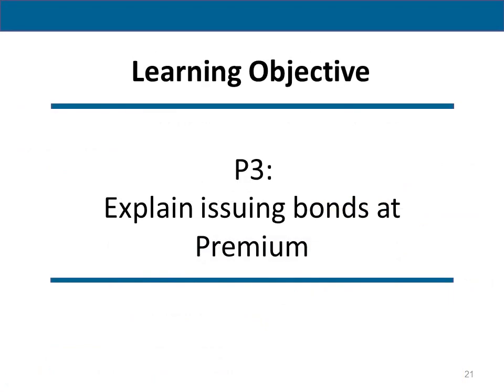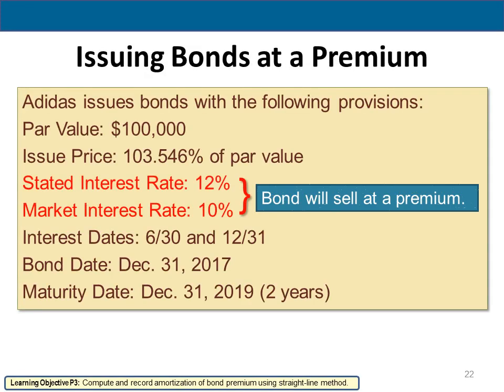So let us now discuss the case of issuance of bonds at a price above its par value, or what we call issuance of bonds at premium. We have a company called Adidas that decides to issue bonds with the following conditions: its par value equal to 100,000, its issuance price will be above 100% of the par value, equal to 103.546%.